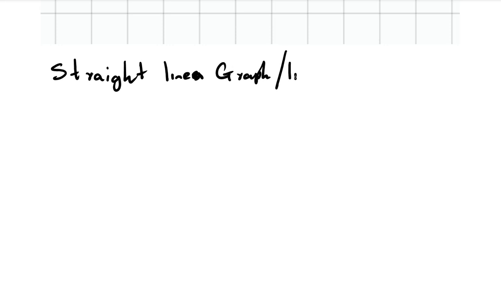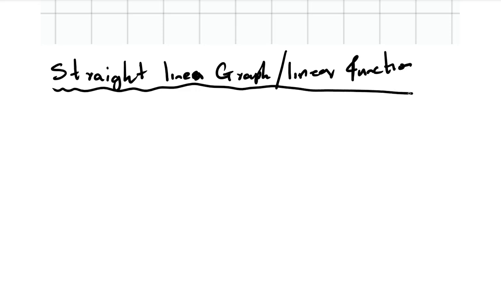Let me write here that today we are doing a straight line graph, or a linear function. Do you get me? A linear function. A straight line graph is a graph.